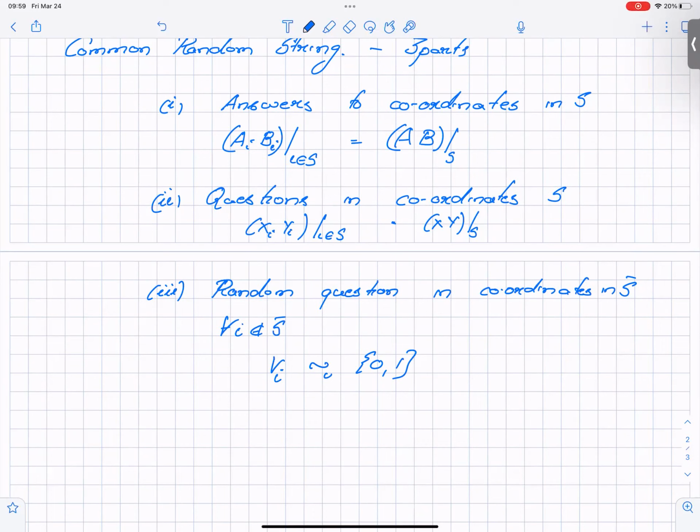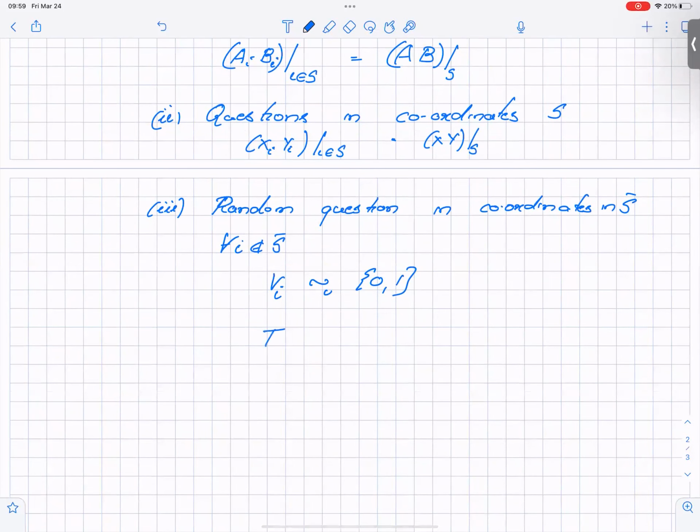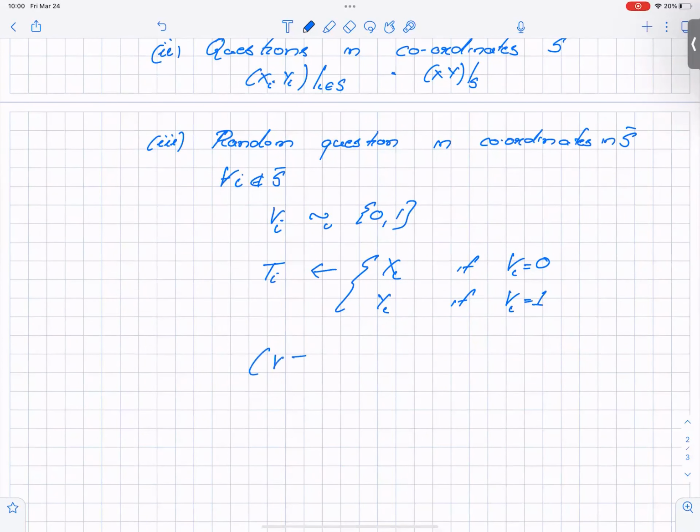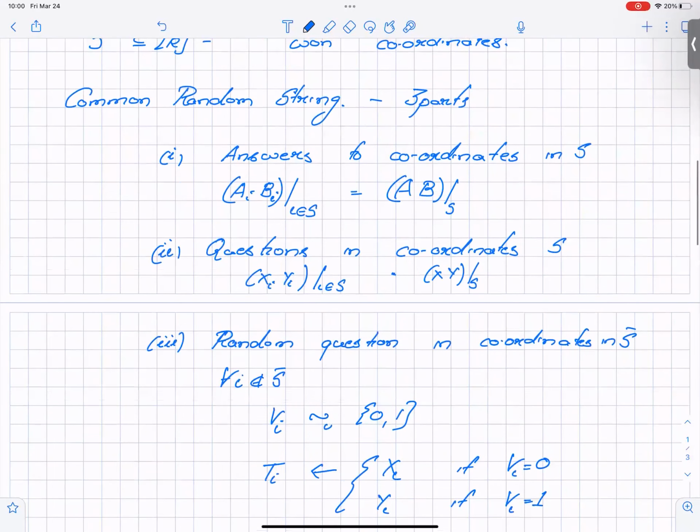And T_i was the random variable which was x_i if V_i is 0 and y_i if V_i is 1. So this was the common random string that the provers were going to jointly sample.